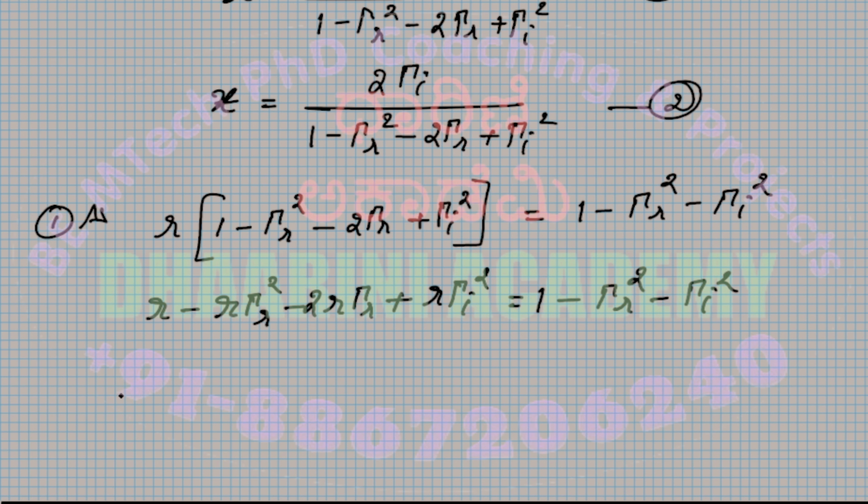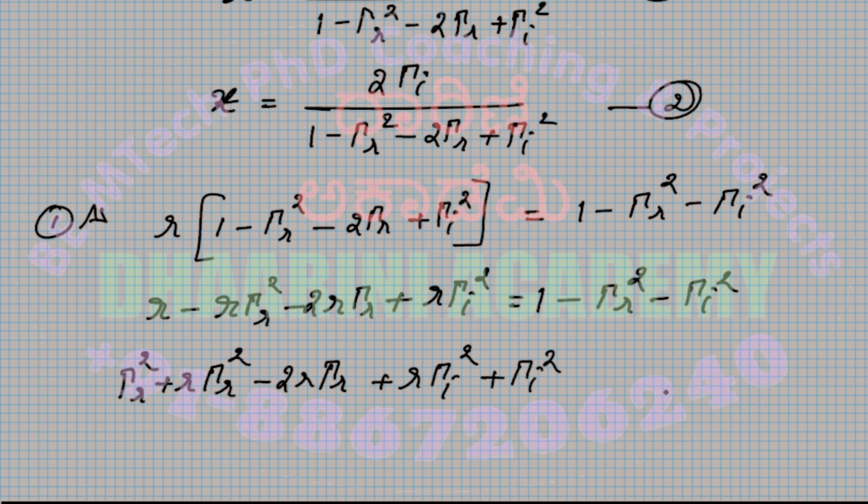So I can write gamma R square, 1 minus R, gamma R square, plus R times gamma R square, minus 2R gamma R, plus R times gamma I square, plus gamma I square.